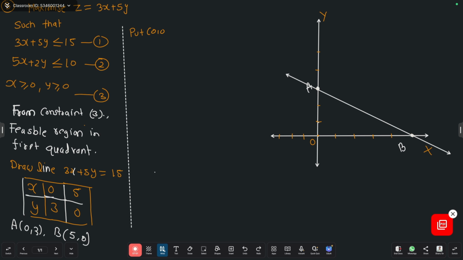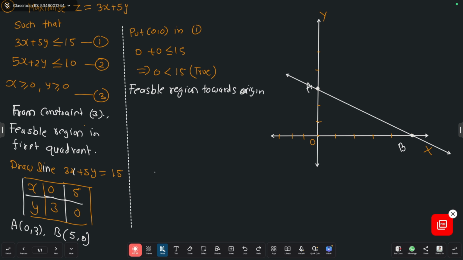Put 0, 0 in constraint 1. Then 3 into 0 is 0, plus 0 is less than or equal to 15. So 0 is less than 15, it is true. Whenever true, it means we have put the origin, so your feasible region is towards the origin.